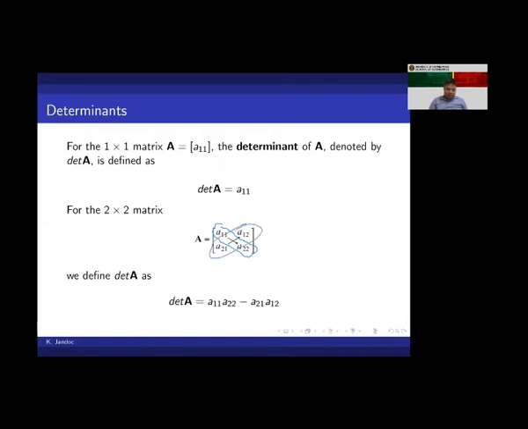So in short, the determinant of A for a 2 by 2 matrix is simply the product of the diagonal A11, A22 minus the product of the off diagonals A21 times A12. Okay, so so far we have computed the determinant for a 1 by 1 matrix and a 2 by 2 matrix.